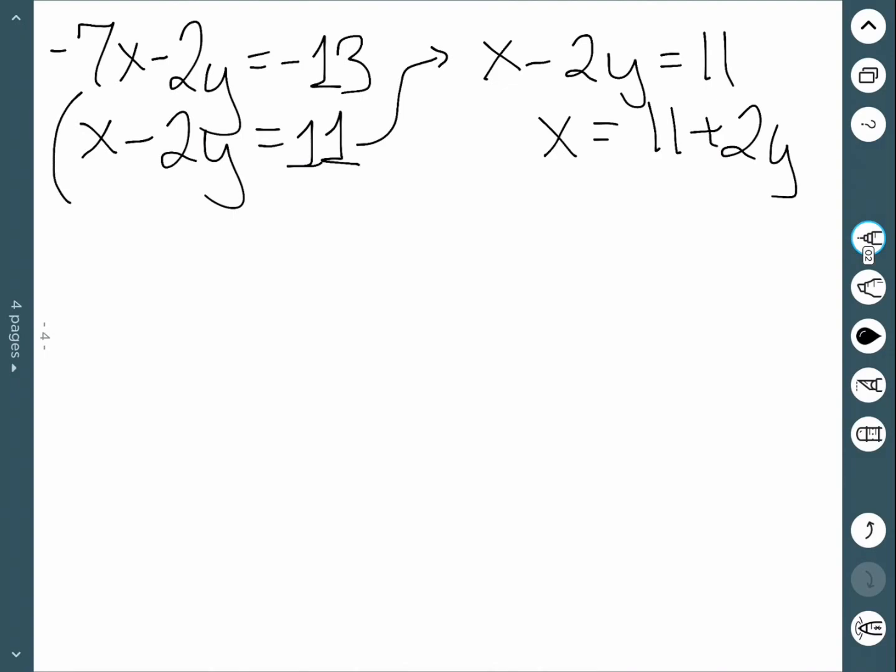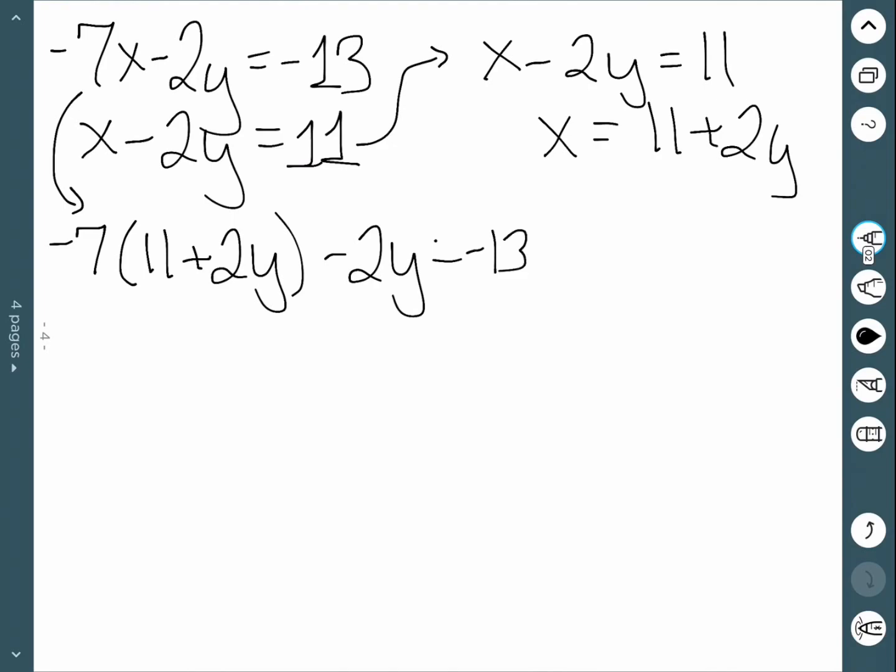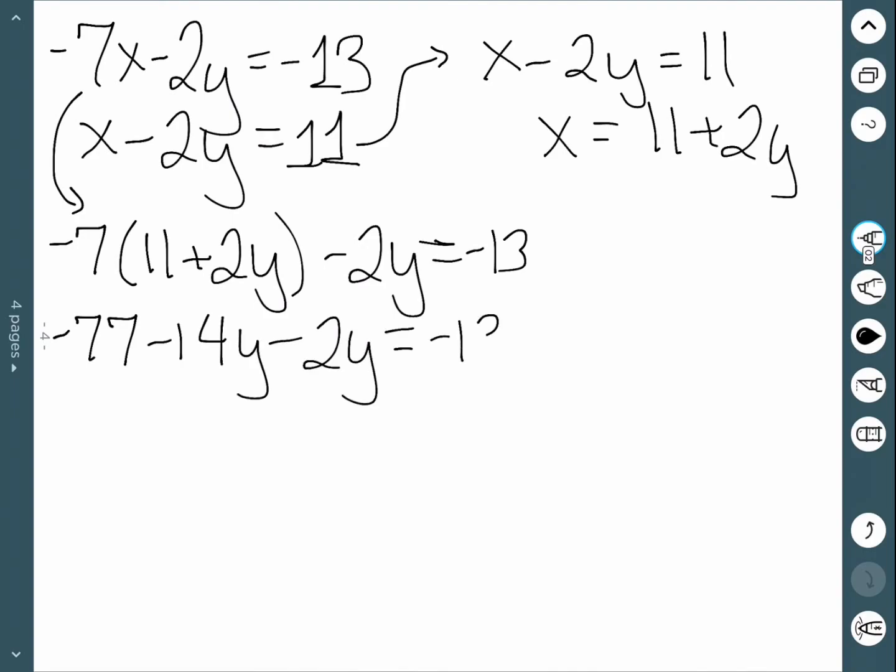If I go back to my first equation, negative 7 times x, but I just said I know what x is. It's 11 plus 2y. Minus 2y equal to negative 13. That now says negative 77 minus 14y minus 2y equal to negative 13.